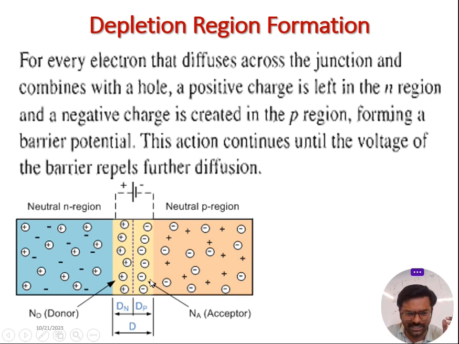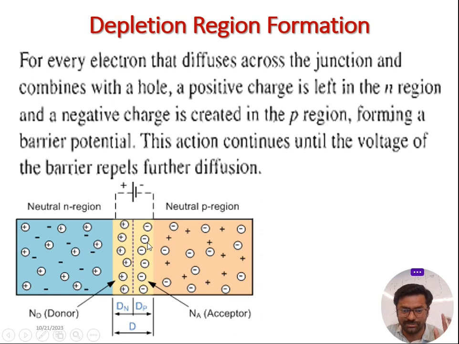We can observe that here is a layer of positive ions, and here a layer of negative ions. This sort of diffusion of electrons from the N type material to the P type material will continue until the negative ions oppose the further diffusion of these electrons towards the P type.